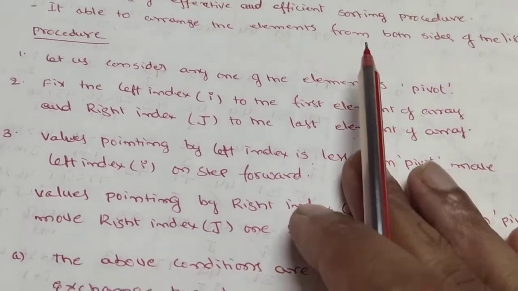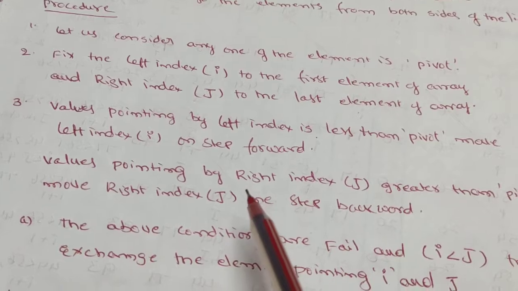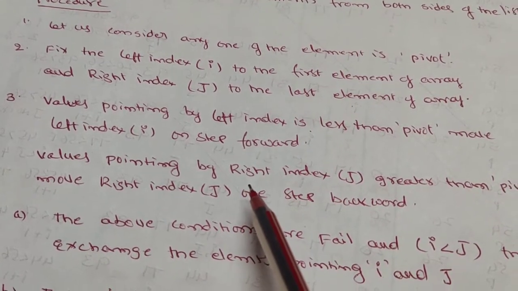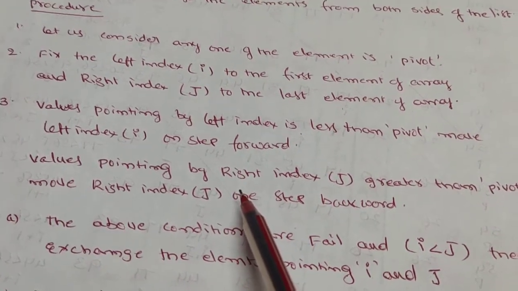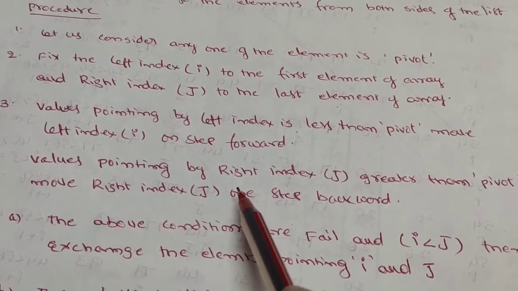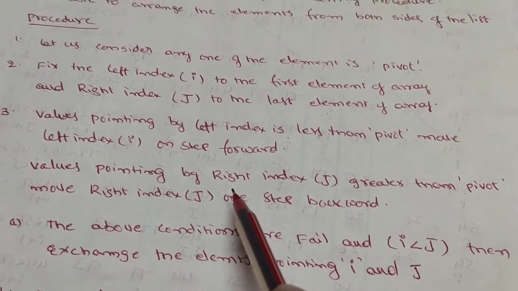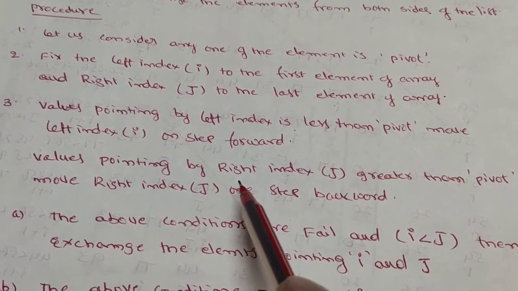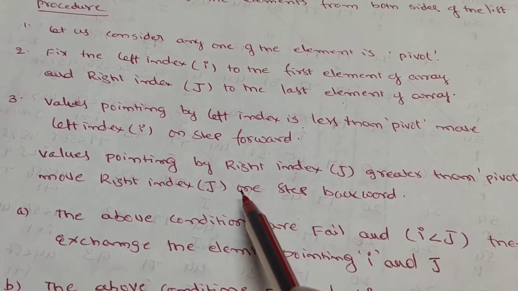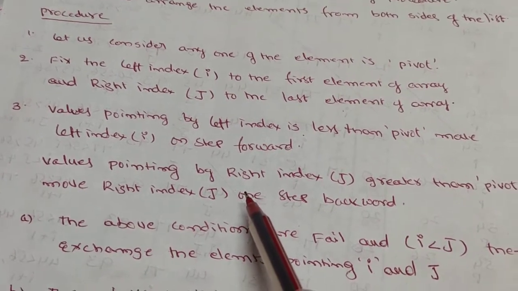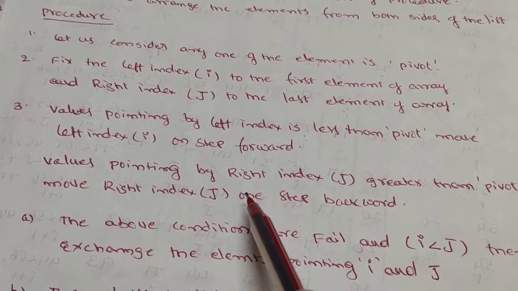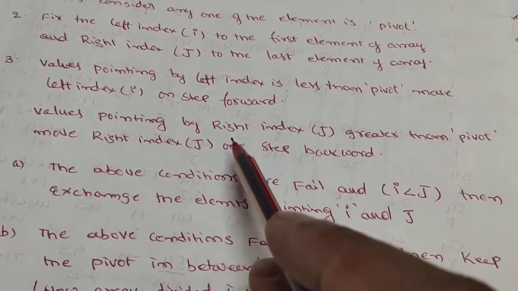In the same way, if the value pointed to by the right index is greater than the pivot element, then we decrease the right index, or move the right index one step back.